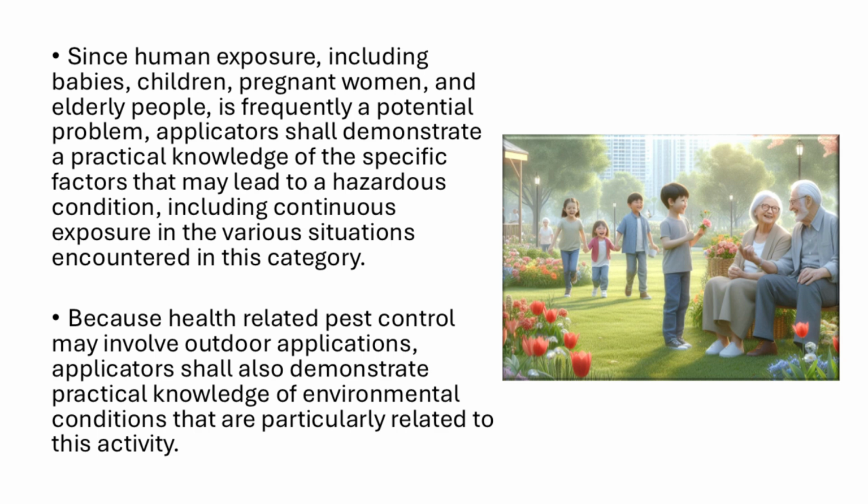Since human exposure, including babies, children, pregnant women, and elderly people, is frequently a potential problem, applicators shall demonstrate a practical knowledge of the specific factors that may lead to a hazardous condition, including continuous exposure in the various situations encountered in this category.